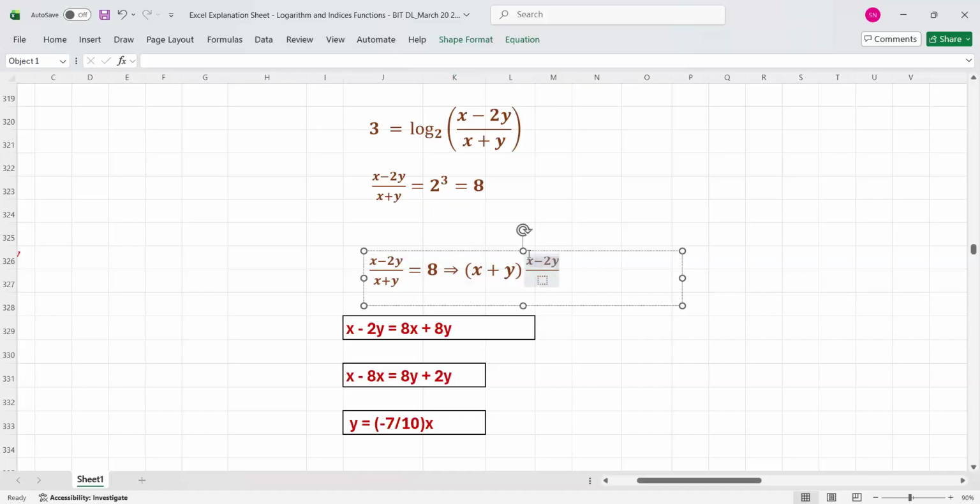So on the left-hand side, I'm multiplying the numerator and the denominator by x plus y. Then on the right-hand side, I do the same thing. I'm going to multiply 8 times this x plus y. This particular term is going to cancel the term in the denominator here.